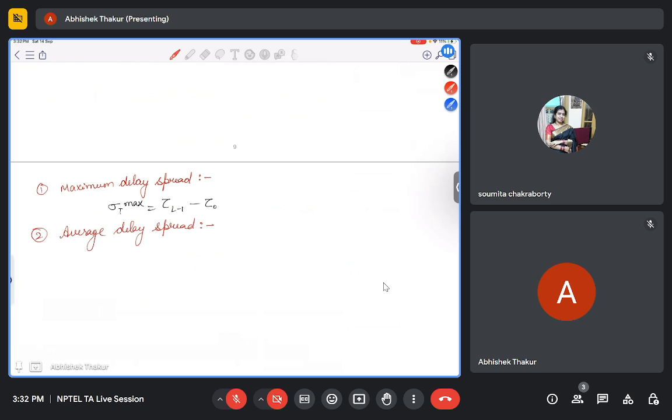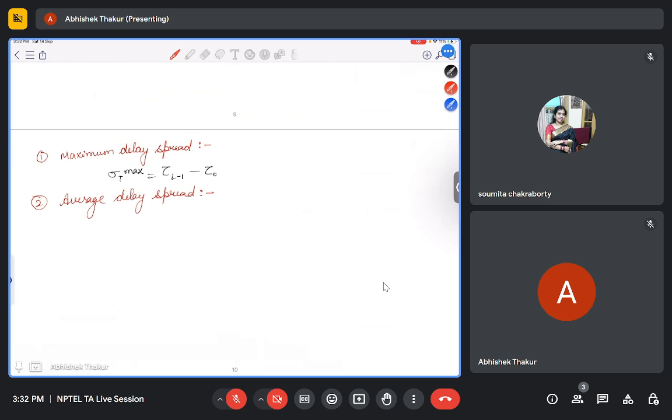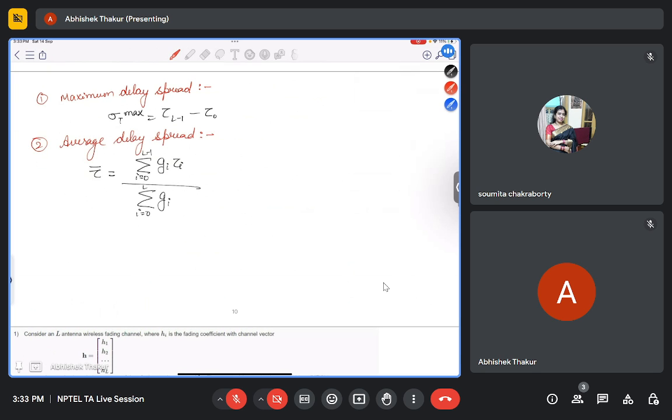That can be given as this is the average delay spread. Now the third thing we studied is the RMS, root mean square delay spread.